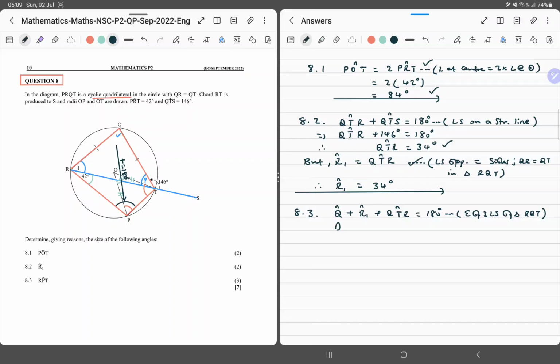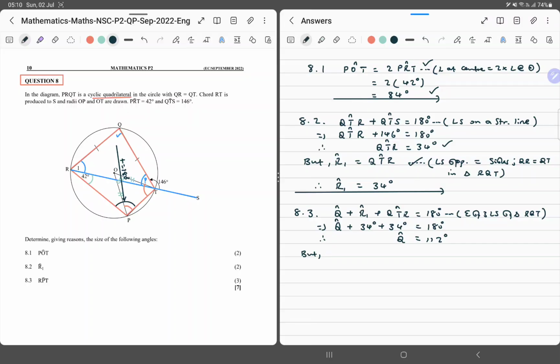Great, so we want Q here. So Q plus R1, which we found to be 34 degrees, plus this one is also 34 degrees, is equal to 180 degrees. Therefore, Q is going to be 180 degrees minus 68, so this is 112 degrees. Okay, that was a means to an end.